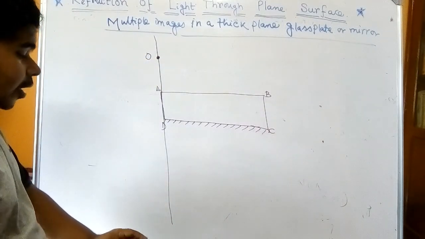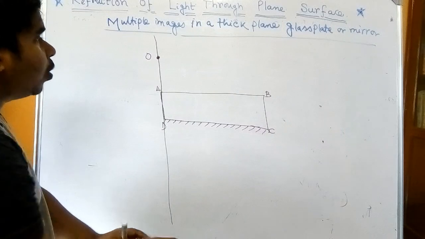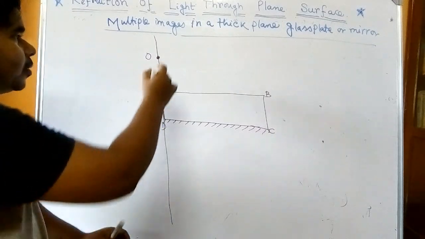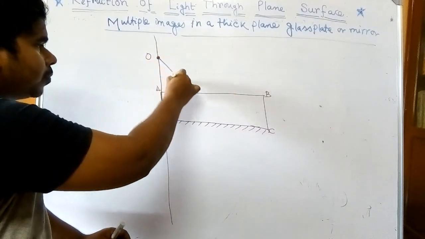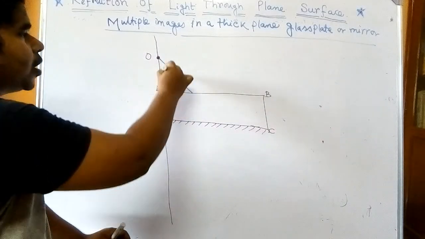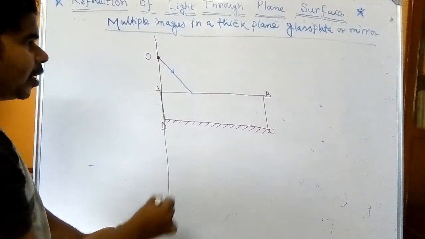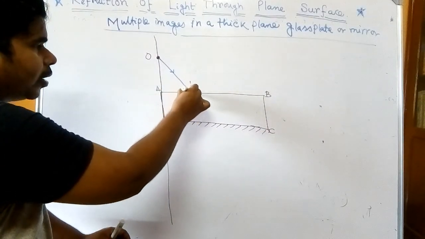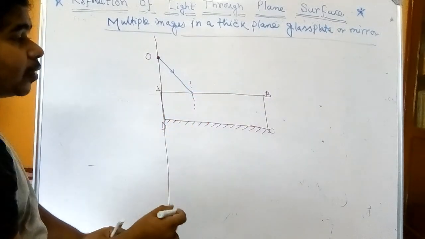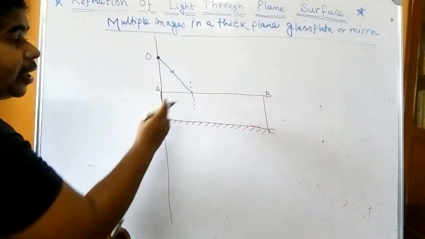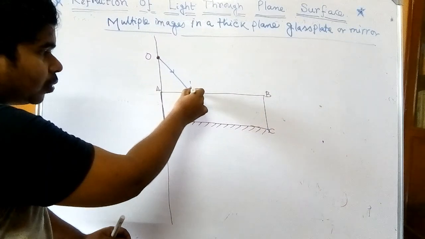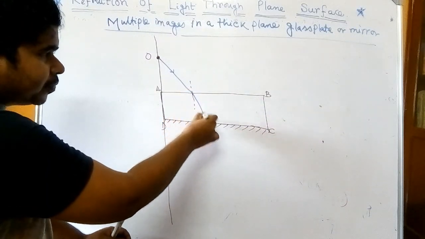The light ray from the point O is coming like this. When it is incident here, you all know that the light is entering from a rarer medium to a denser medium, so it will bend.